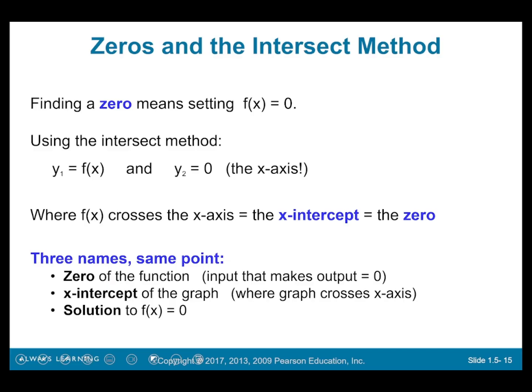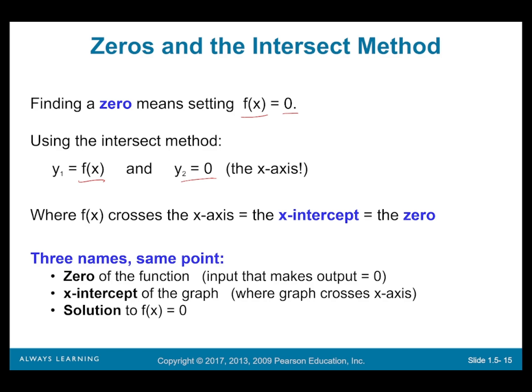Now, what this means graphically when we think about our intersections is that if we're looking at f of x equals 0, well, f of x is our first y, which means 0 is our right-hand side y. So y equals 0 is actually the x-axis. So really we're looking at, well, when does f of x cross the x-axis?